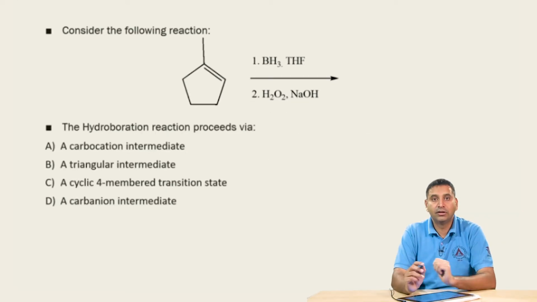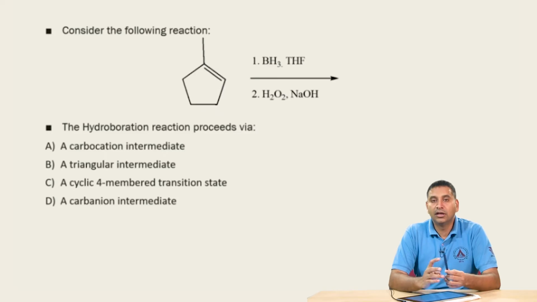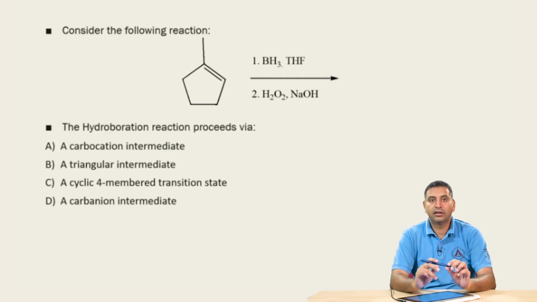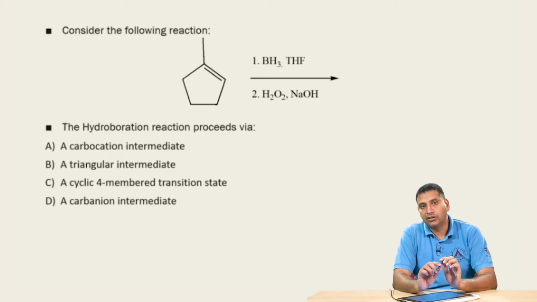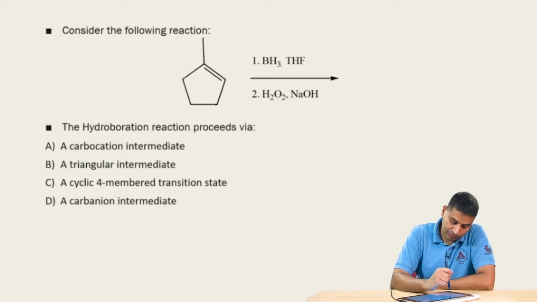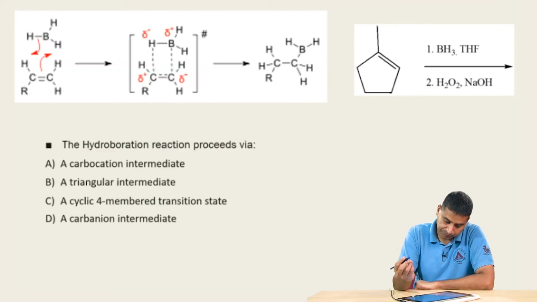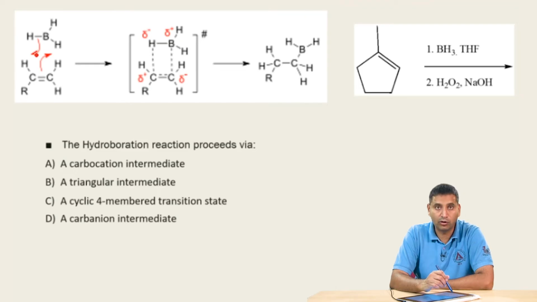The next question, or the next part of this question, the question is the hydroboration reaction proceeds via A, a carbocation intermediate, B, a triangular intermediate, C, a cyclic 4-membered transition state, and D, a carbanion intermediate. Okay. So, in order to address this question, let us look at the mechanism. So, in the mechanism that is proposed here is that the olefin reacts with the BH bond in the following manner.